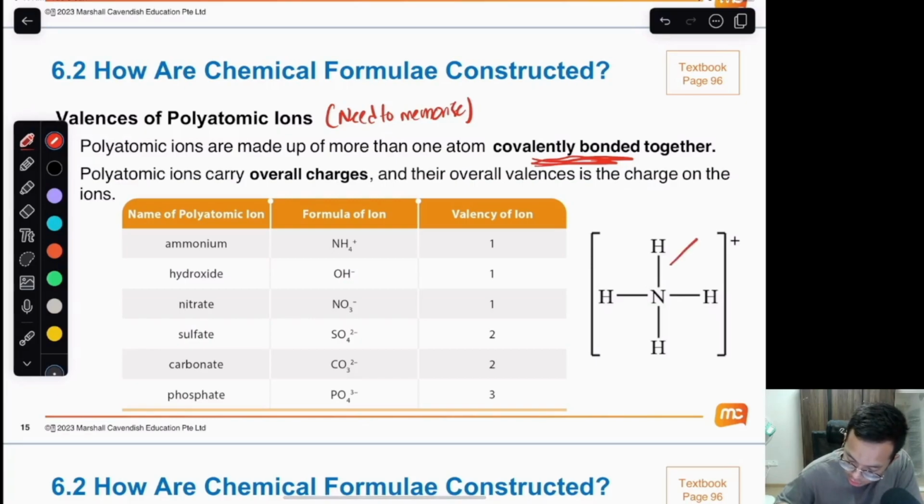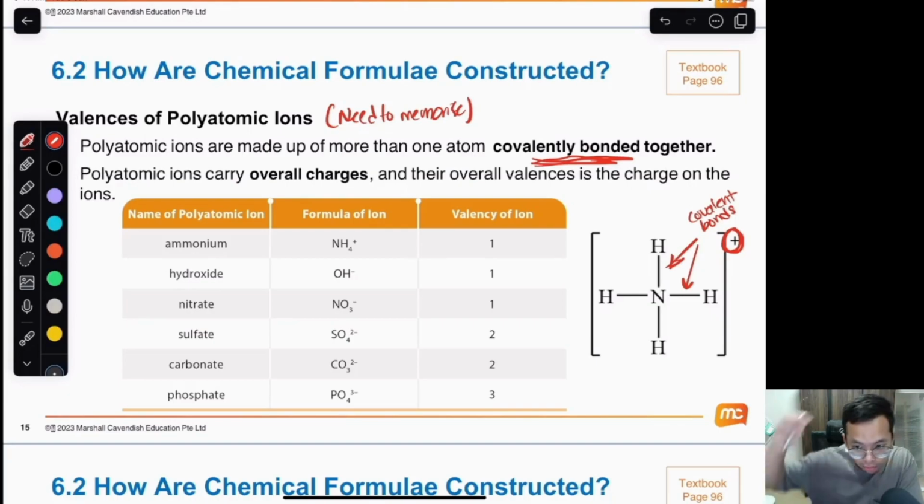You can see these lines here, these are covalent bonds, but together as NH4 they form an ion with a plus charge, and this plus charge will be the one that is used to form the ionic bonds.